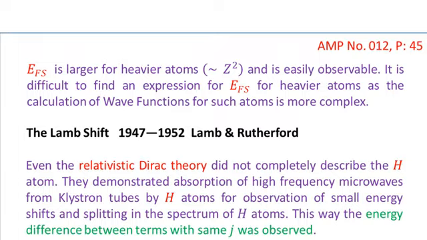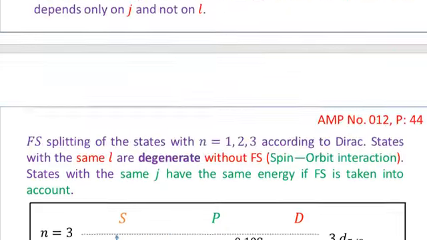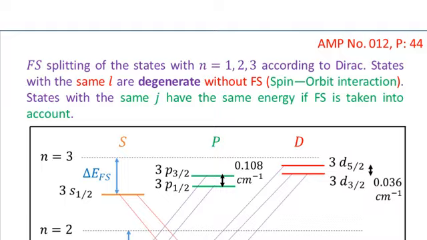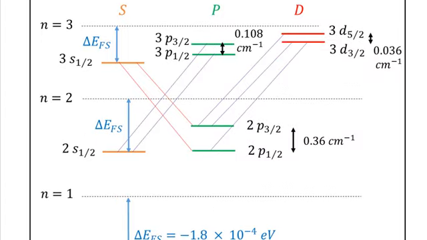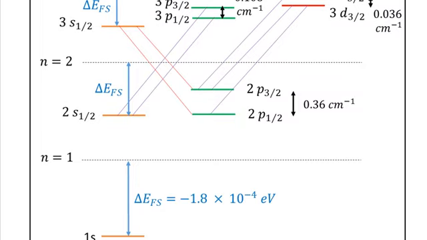Now I am going to discuss the Lamb shift. Why are we going to discuss the Lamb shift? Because in this diagram, I have included the principal energy of the hydrogen atom along with the fine structure of the hydrogen atom, and I have shown that each line of the hydrogen atom will be split into doublets.